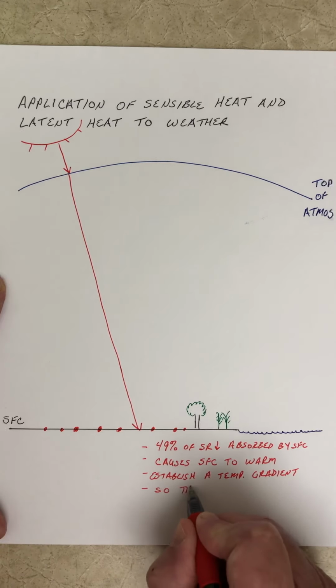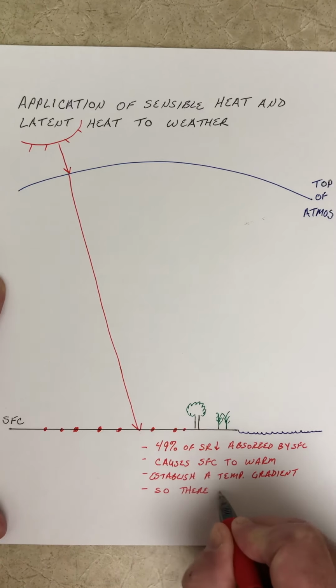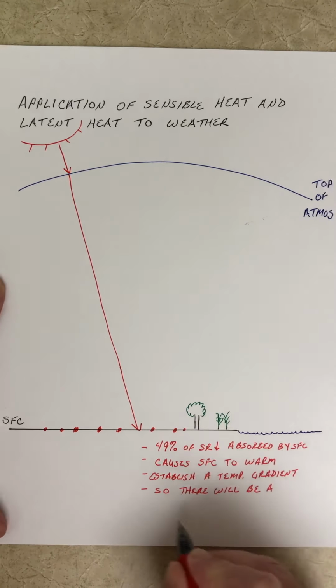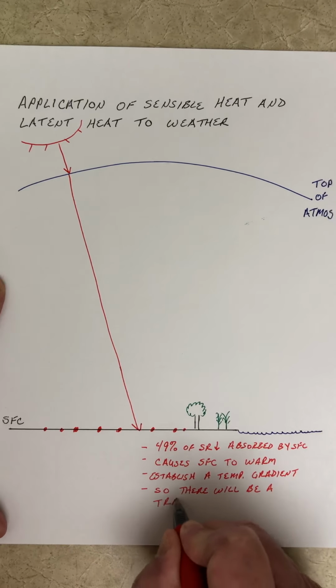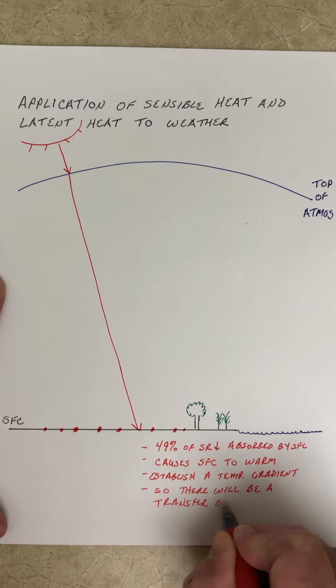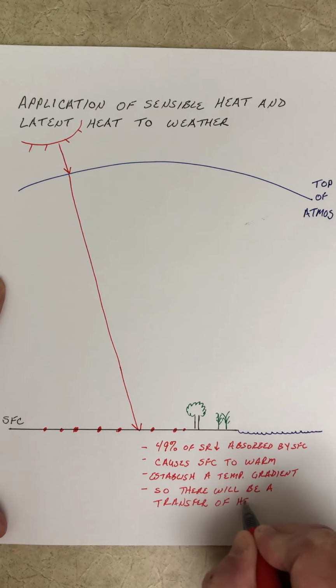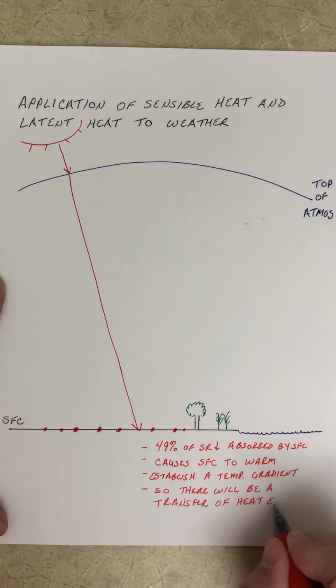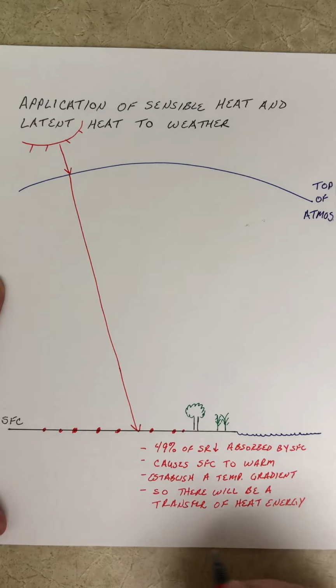So there will be a transfer of heat energy. And again, you know this, we've drawn this figure exactly the same as we have before. Nothing's different. We're just going to add that.